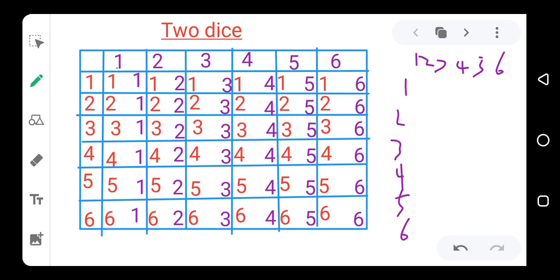Now this represents the two dice we've rolled. To get the outcomes from these two dice, we combine each one from the horizontal and another one from the vertical, that is, one on top and one here.